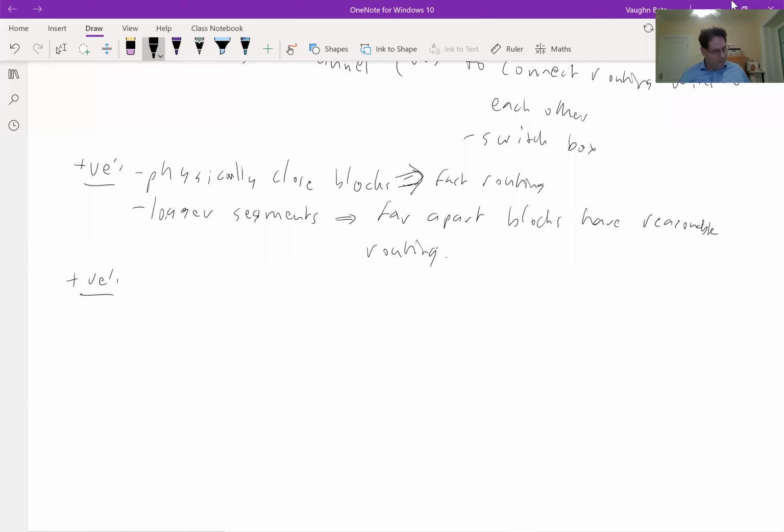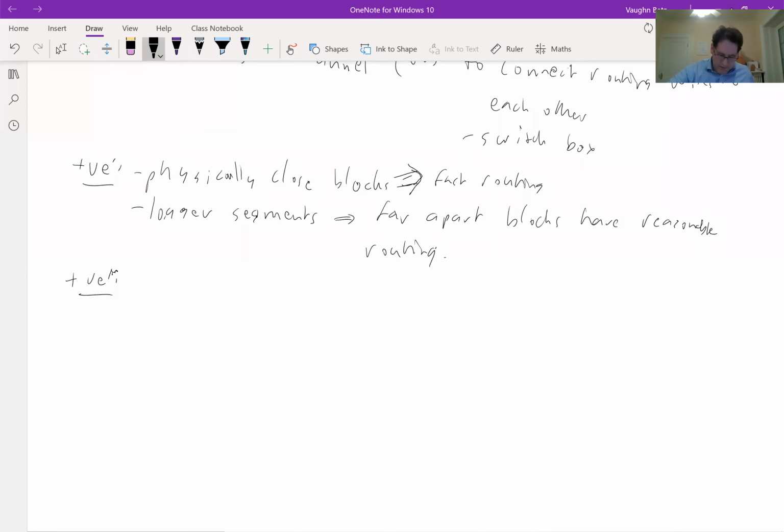Let's see, I think this might be too hard to guess, people. We did a big analysis of how scalable a hierarchical FPGA was, and we showed that circuits have locality, which we can express by their Rent exponent. If you have a low Rent exponent, you've got a circuit that has very local communication. A Rent exponent approaching 1 means your communication is not very local.